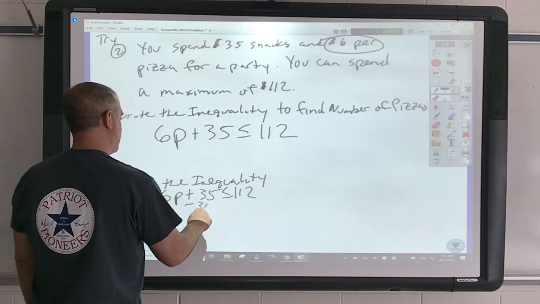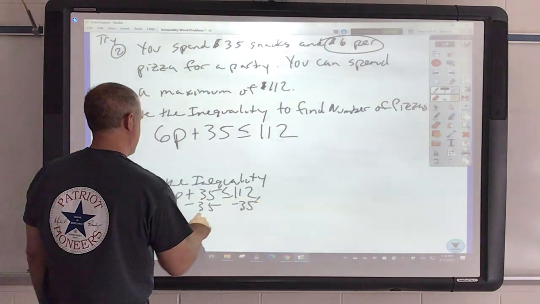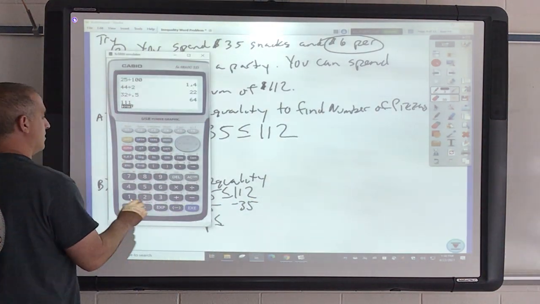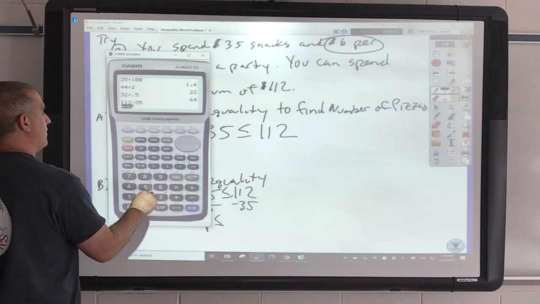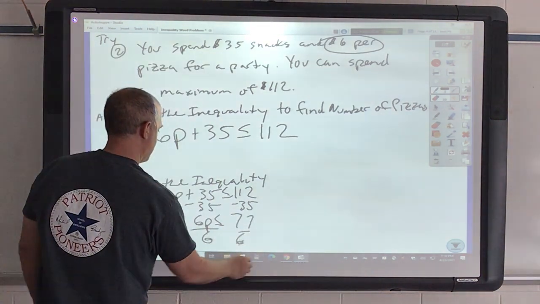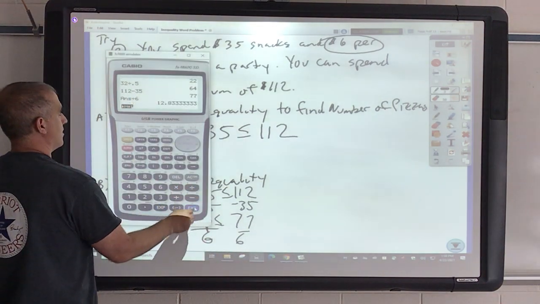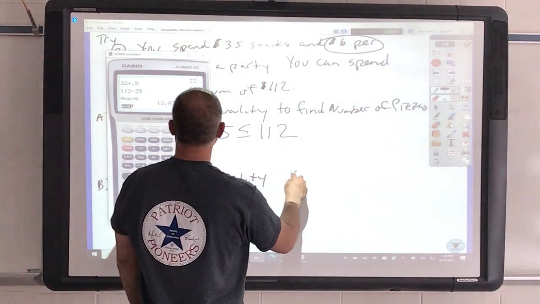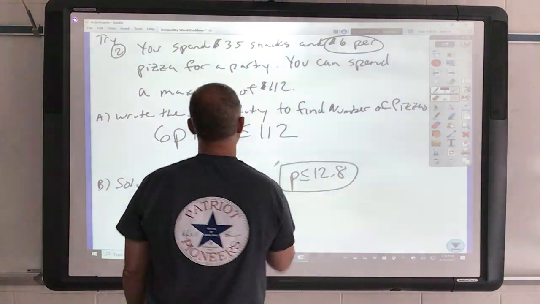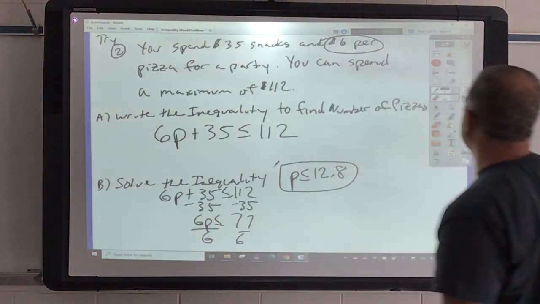All right, subtract 35. That's 6p is less than or equal to 112 minus 35, which is 77. Divide by 6. I got p is less than or equal to 12.8.